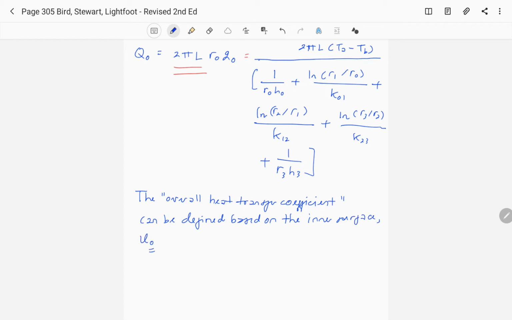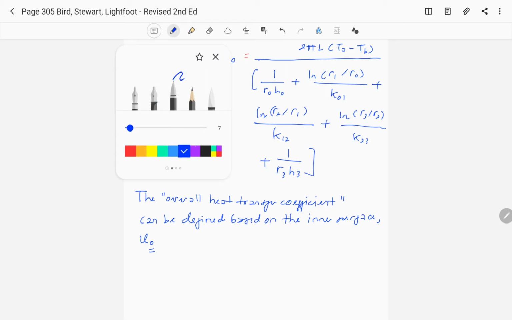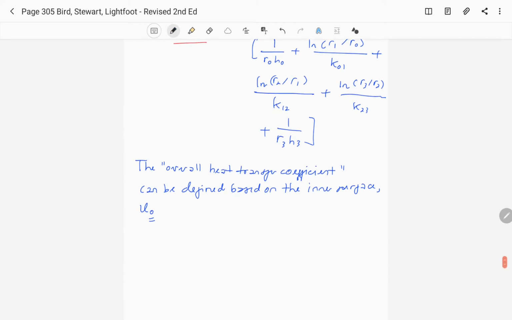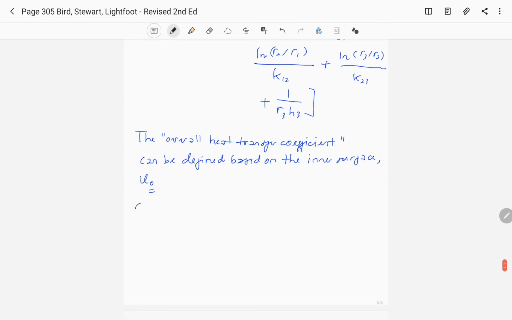That's why the naught in here is basically referring to the inner surface. So this Q naught will be equal to 2 pi L R naught q naught, and that will be equal to U naught 2 pi L R naught (TA minus TB).